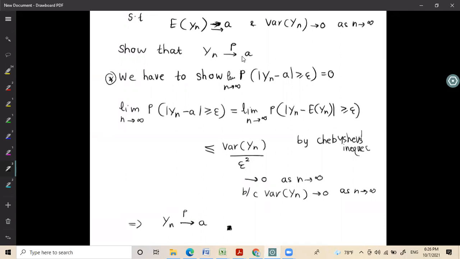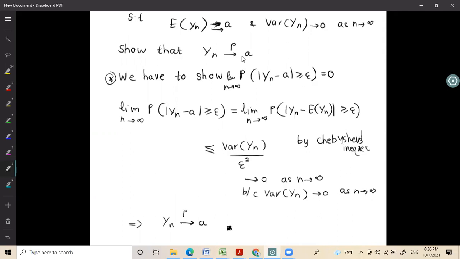If you can't see the Chebyshev inequality straight away, you can add and subtract certain terms and then make it look like the Chebyshev inequality, rearrange the terms. Okay, you will be able to do that with the given information.